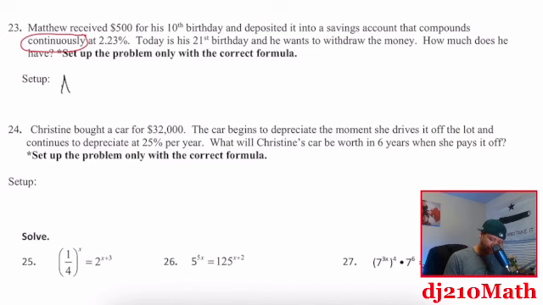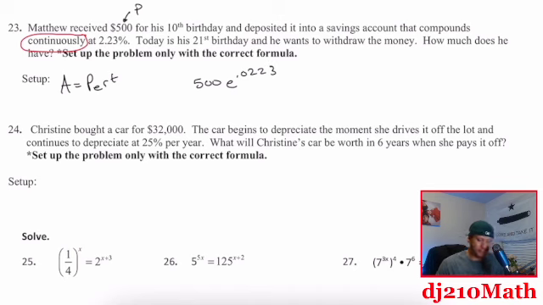So A, P, E, R, T. RT is the exponent. A pert. And we know it's that because of the word continuously. So Matthew received $500. So 500, this is the P. That's the starting amount. So $500 times E, that's the calculator function, to the R, 2.23, so 0.0223.